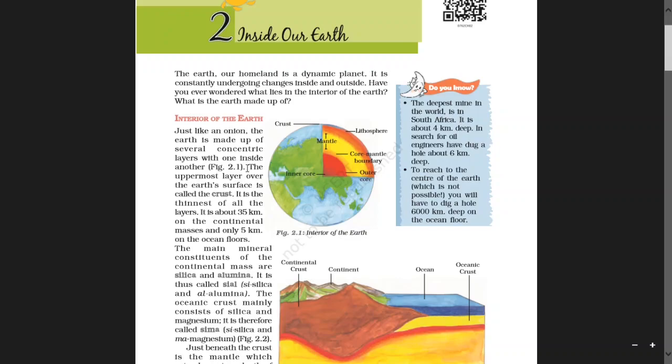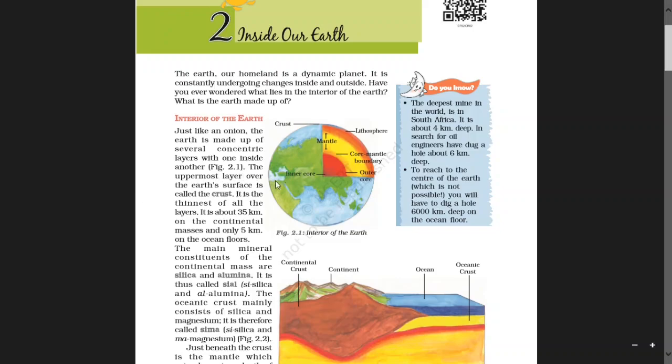So, like that, the earth is made up of several concentric layers. Concentric means having the same center point. So, like an onion, our earth also has different layers with one inside another.